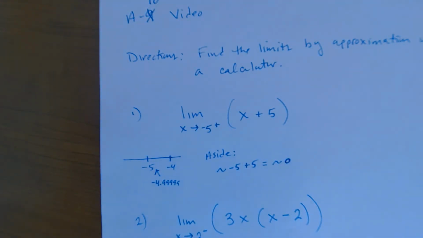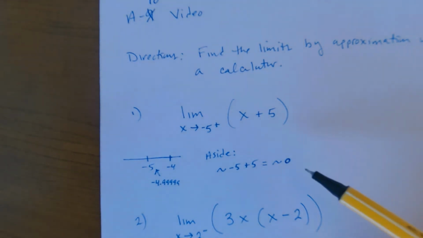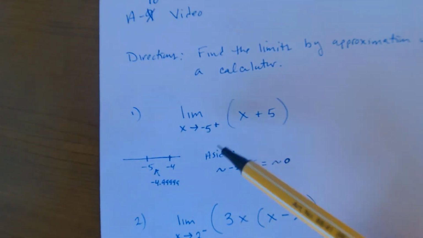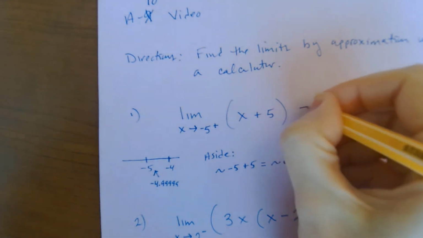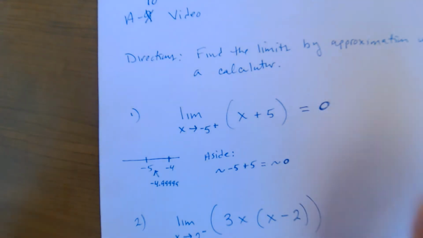All right. So you could think it through that way. It's about 0 and continually getting closer to 0. So if something is about 0 and it just keeps on getting closer and closer to 0, well, that means that it is approaching 0. That means that the limit is 0.